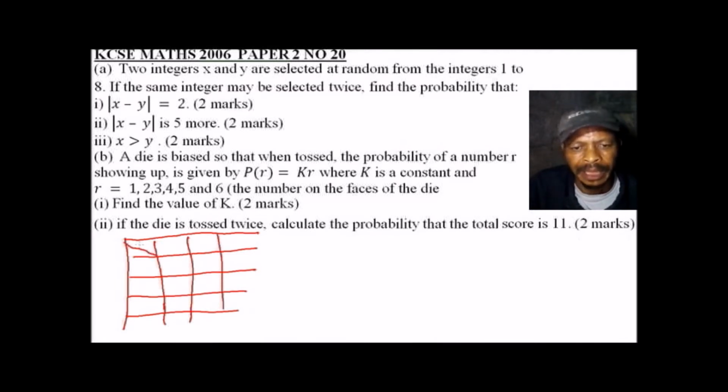You can say this is your x, this is your y. So x is 1, 2, 3, up to 8, and y is 1, 2, 3, going on up to 8.